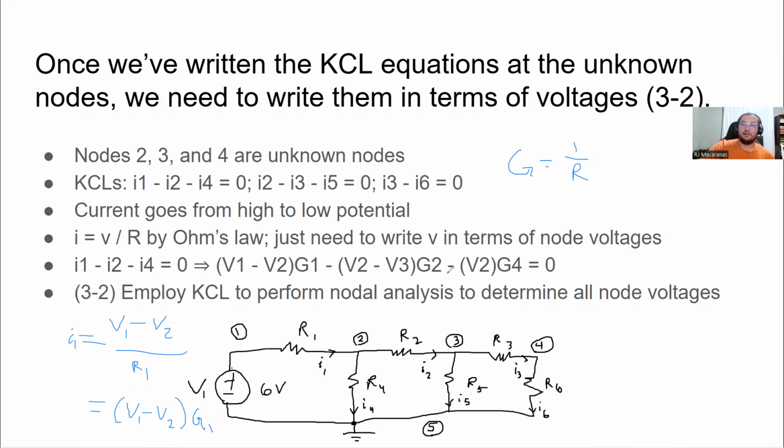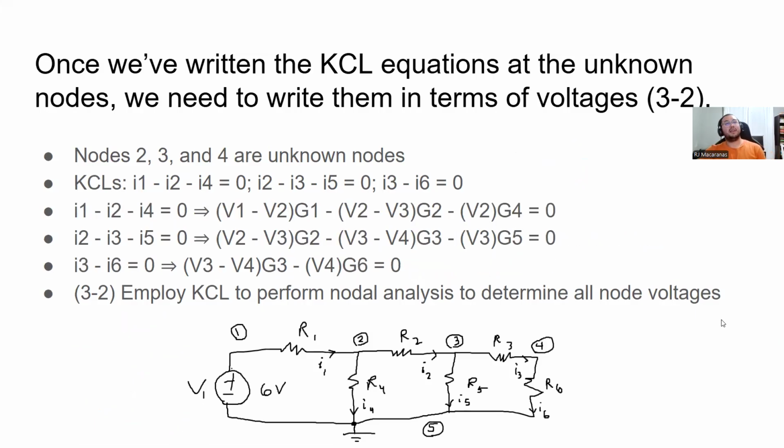I've done that for all these other instances as well, and that just makes the analysis a little bit cleaner, at the very least. Here I've done that for all of the other KCL equations. I'm not going to go through each example, but maybe I'll go through the second one again.